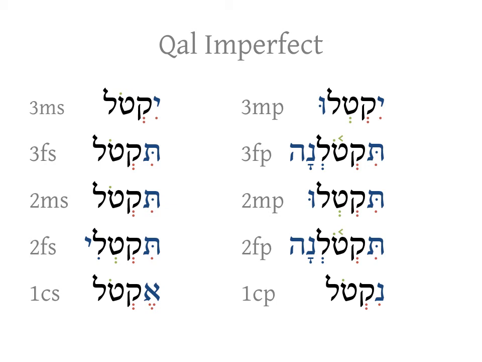So learn them, they will be your friend. The red vowels here are key features of the Qal Imperfect of strong verbs. All strong verbs in the Qal Imperfect will have a hirik under the prefixed consonant and then a shva. The green vowels are the stem vowel.